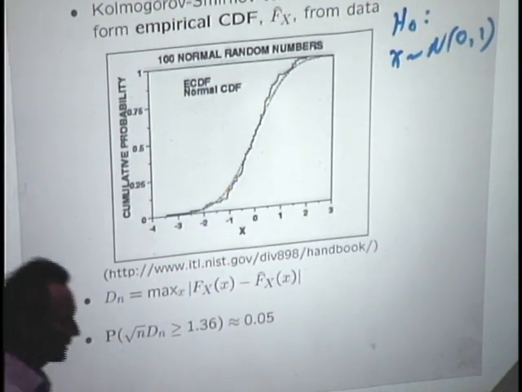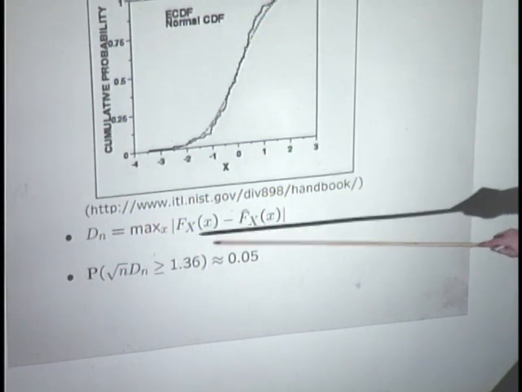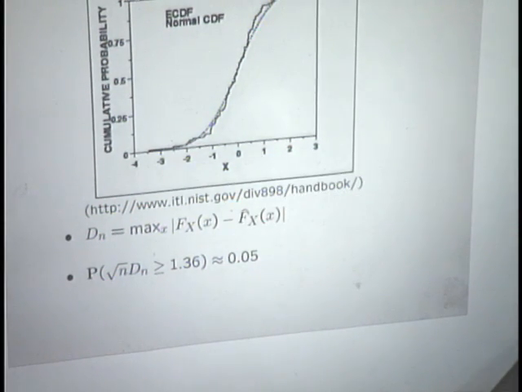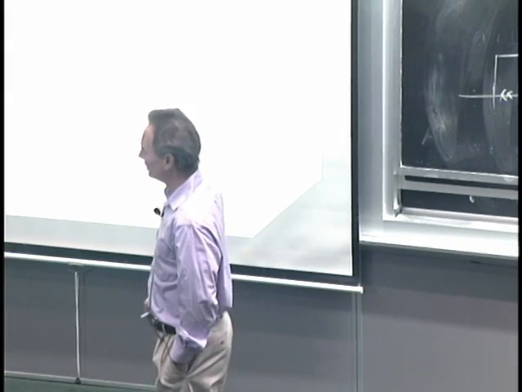And I'm going to have a test that decides in favor of H naught if this distance is small, and in favor of H1 if this distance is large. That still leaves me the problem of coming up with a threshold. Where exactly do I put my threshold?